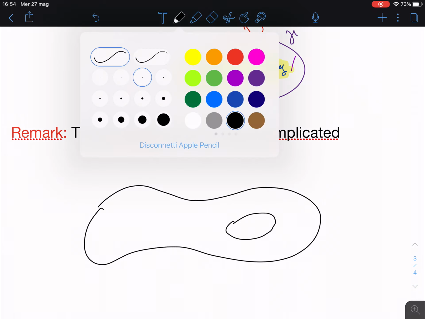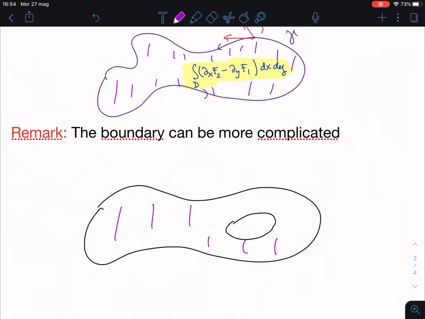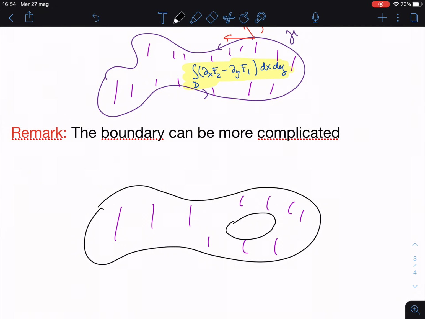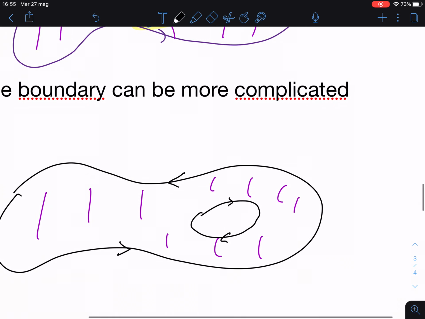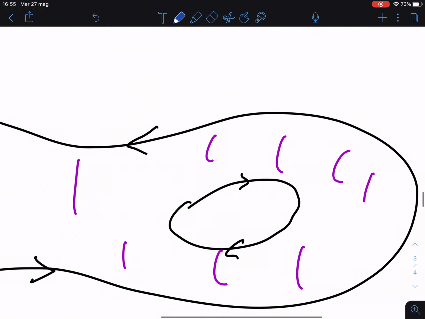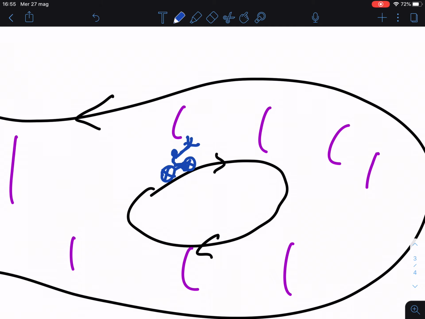This is the region D, and then what you end up with, positive orientation, is counterclockwise in the external boundary, but here it must be clockwise, because when you go with your bicycle on this curve, are you here with your bicycle, in order to find at your left the internal part, then you have to move clockwise around this internal boundary.